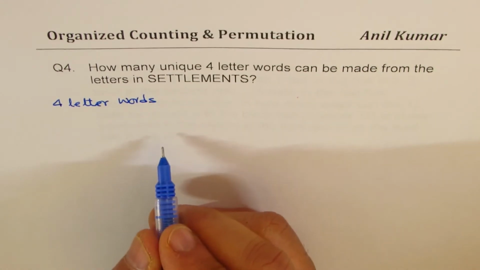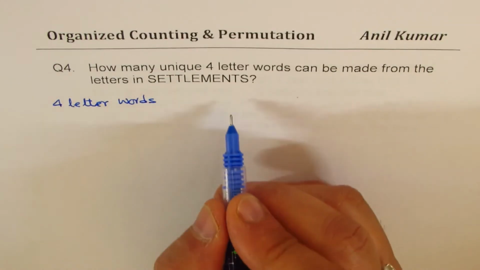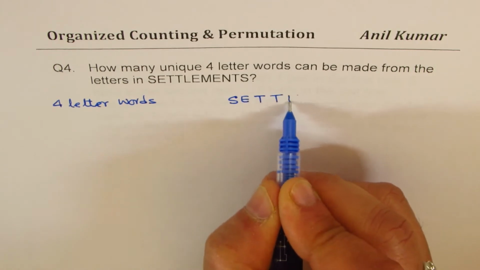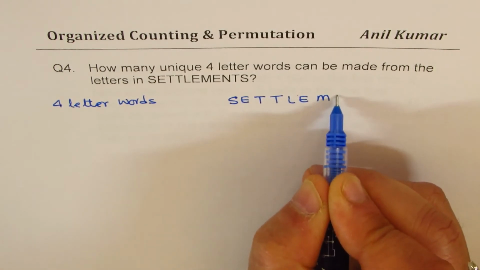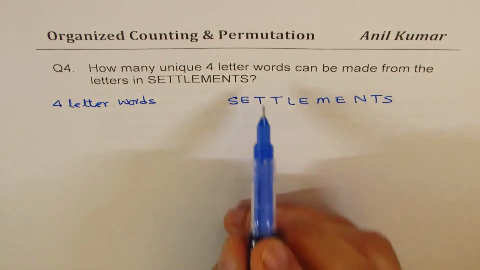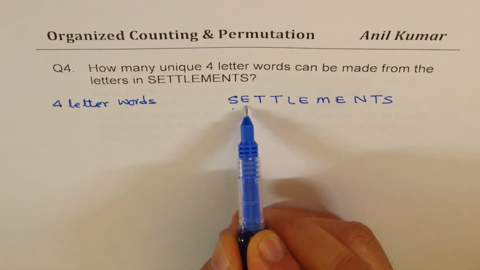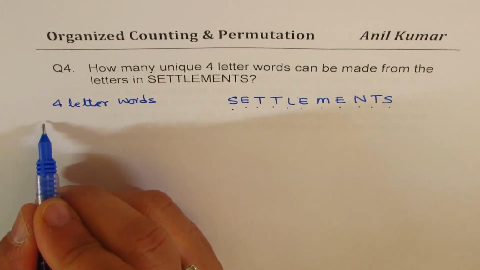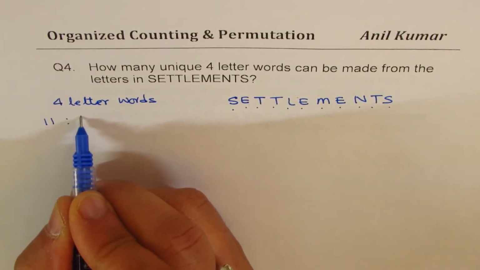They may or may not have any meaning, right? So we have to select from SETTLEMENTS. So first, let's count. 1, 2, 3, 4, 5, 6, 7, 8, 9, 10, 11. So we have 11 letters.